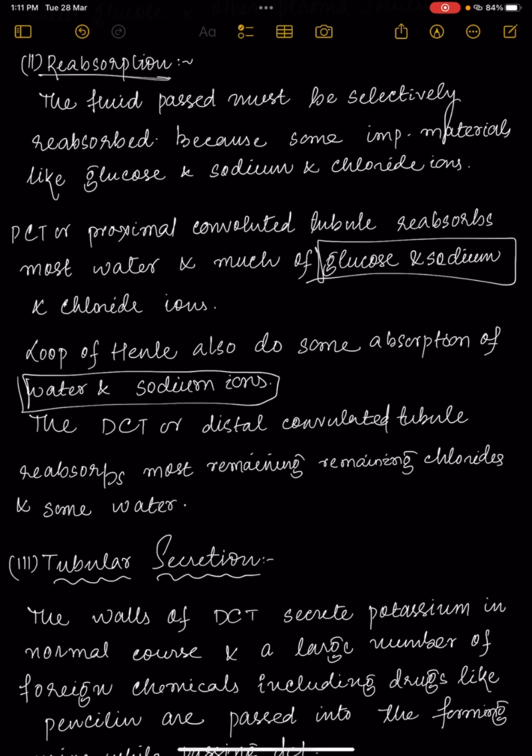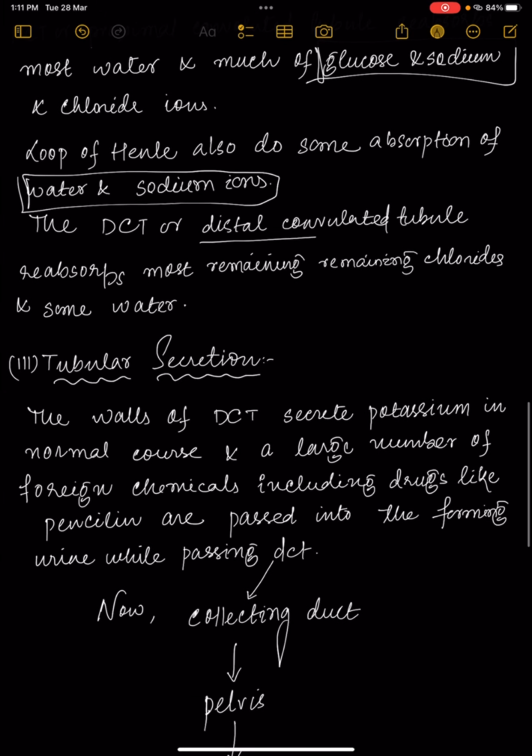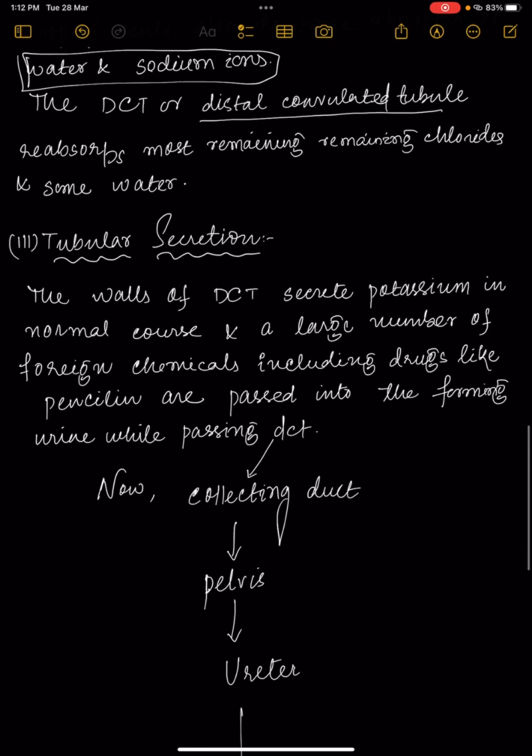Now another convoluted tubule is present, the DCT or distal convoluted tubule, which reabsorbs the remaining part of the chloride and some water. Now it is free from all the important materials. It contains only the main nitrogenous waste, urea, and some of the soluble salts which are not needed in our body.